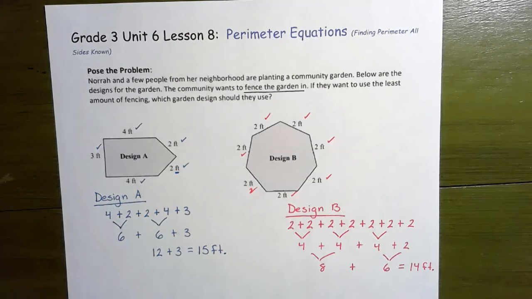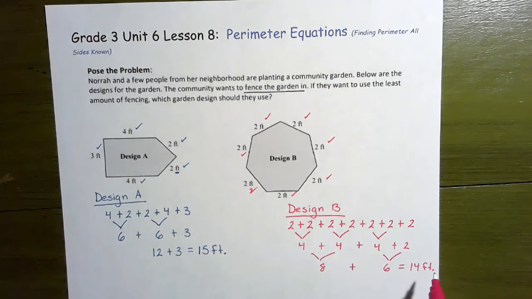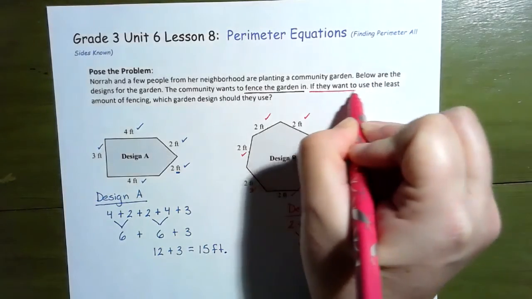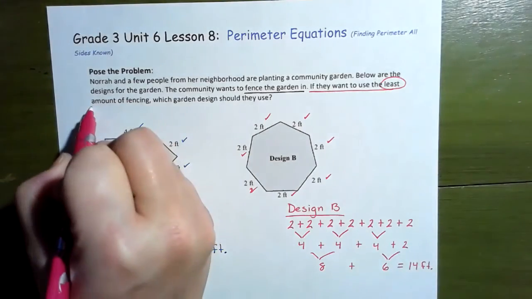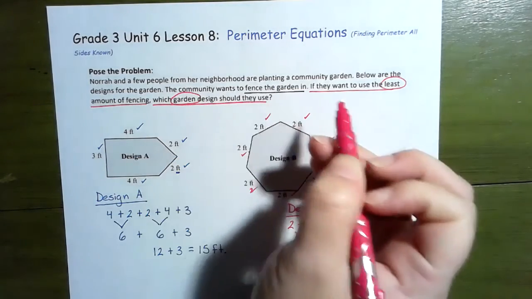So, what is the perimeter of design A? Say it to your screen. 15 feet. What is the perimeter of design B? 14 feet. What was your big question? Say it out loud. That's right. If we want to use the least amount of fencing, which garden design should they use?